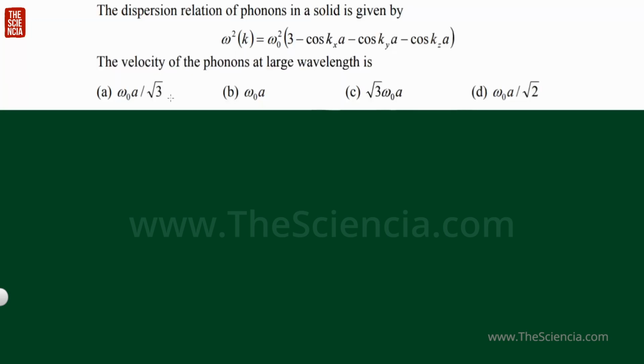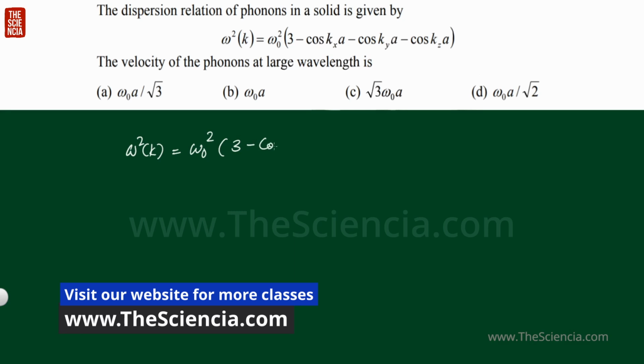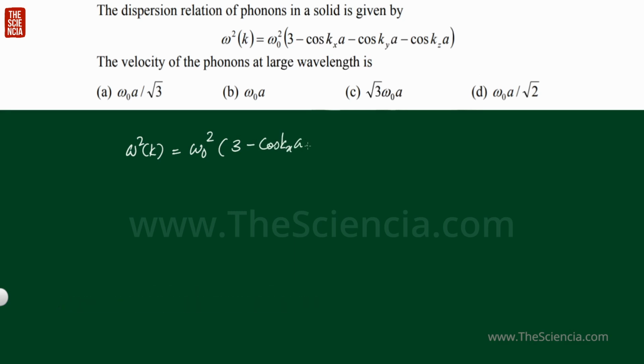Here in this question, the dispersion relation is given, that is omega square of k is equal to omega 0 square into 3 minus cos kxa minus cos kya minus cos kza.